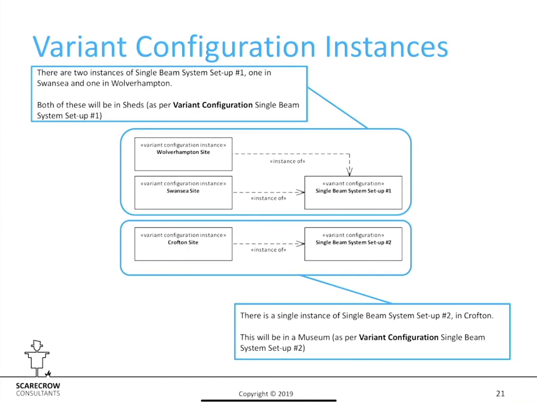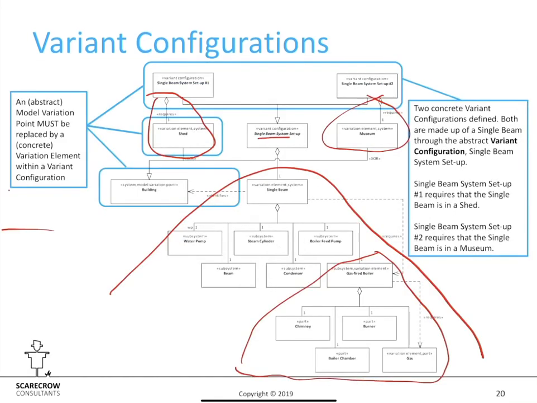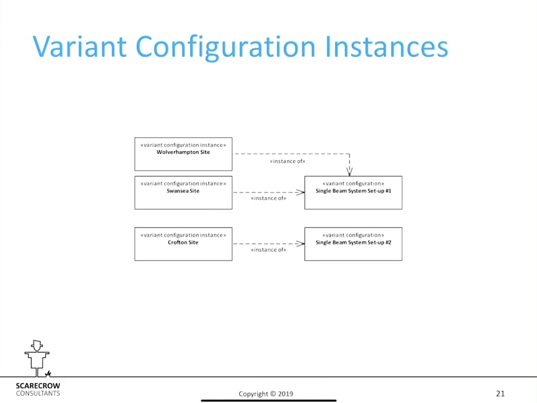Those instances are only blocks essentially in SysML, so those variant configuration instances could have further details on them. So you have to define the variant configurations. You don't necessarily have to have any instances.